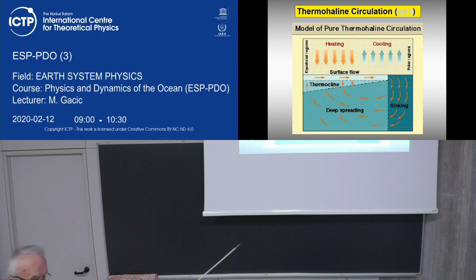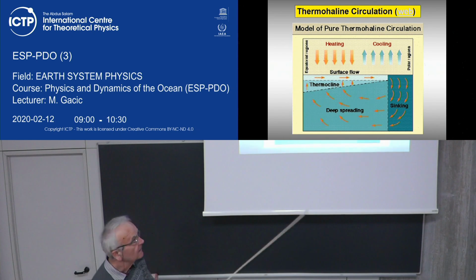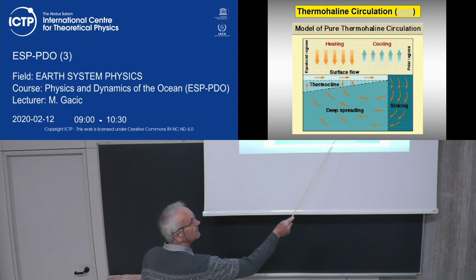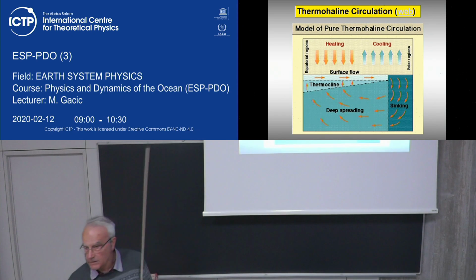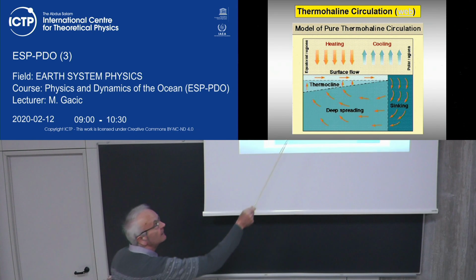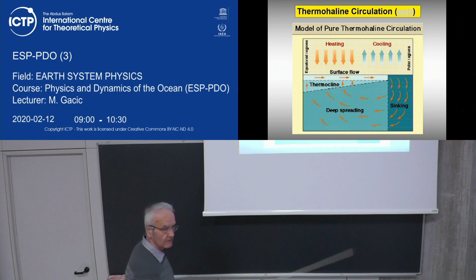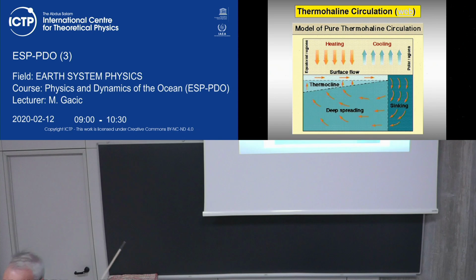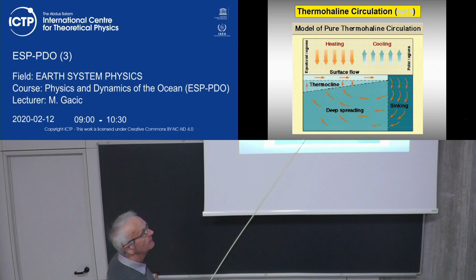So due to this combination of these two processes, the increase of salinity and decrease of temperature, acting in the same direction, we have an increase of density and very efficient vertical mixing. Therefore, that's why we have a thermohaline circulation, not a thermal circulation. This is one aspect of this thermohaline circulation.